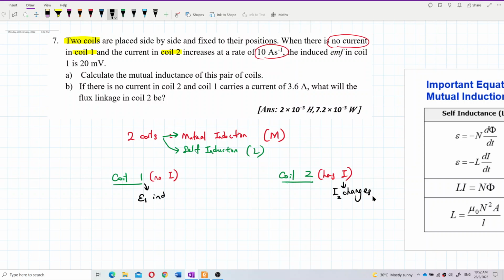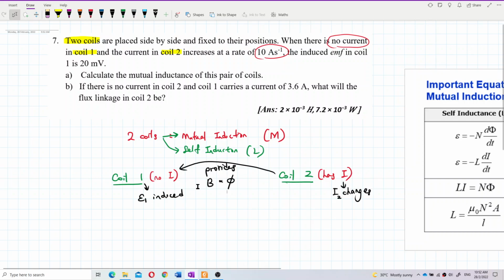Coil 2, which has the current, provides the magnetic field and magnetic flux for coil 1, and coil 1 is the one that receives the magnetic flux from coil 2, because only coil 2 has current.